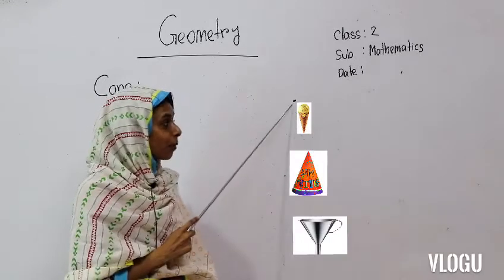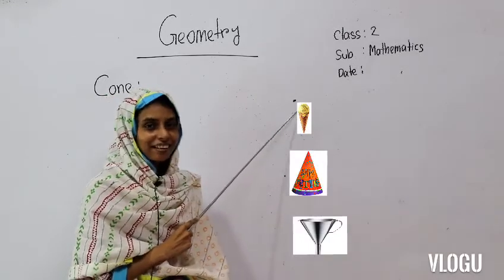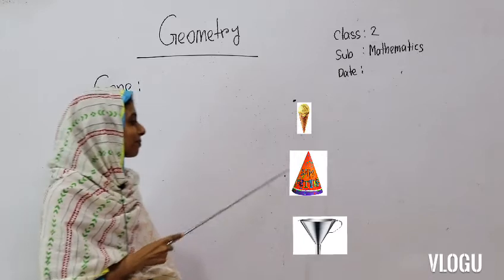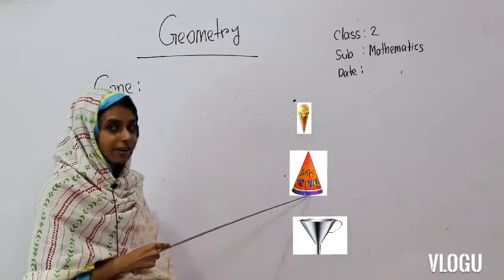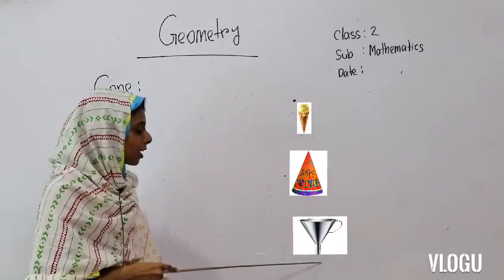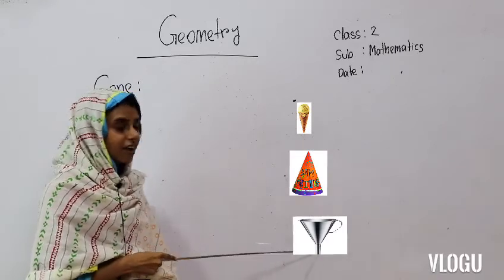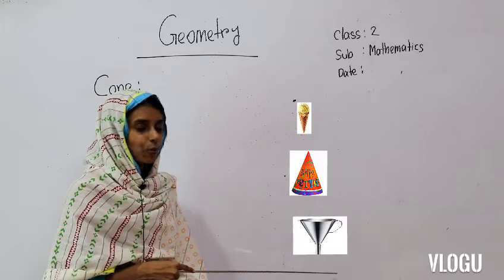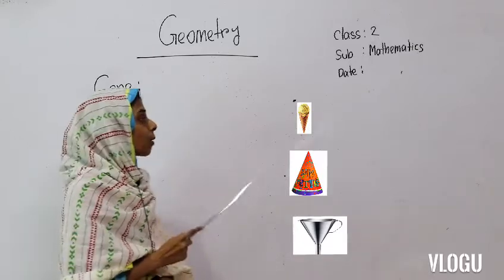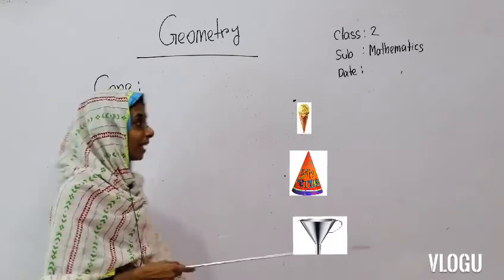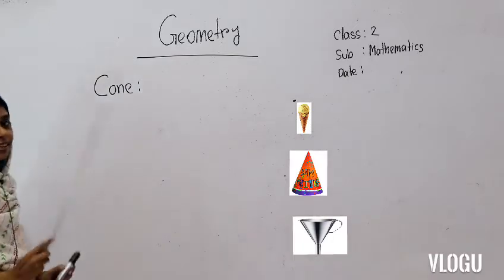Can you tell me what this is? Yes, an ice cream. This one, buttercup. This one, a funnel. These three have a geometrical shape name. What is the name? The name is cone.